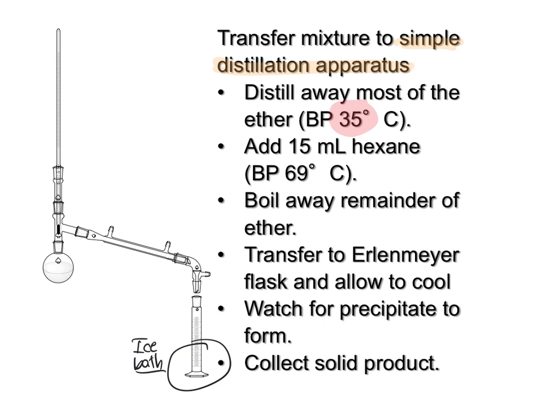When it looks like a good part of the volume has been removed, we're going to add 15 milliliters of hexane. And note, hexane has a much higher boiling point than the ether does. And so we're going to boil. And one of the things we remember from our distillation is that the temperature here is approximately the boiling point of whatever component is coming out. So this should be somewhere in the range of 35 degrees Celsius.